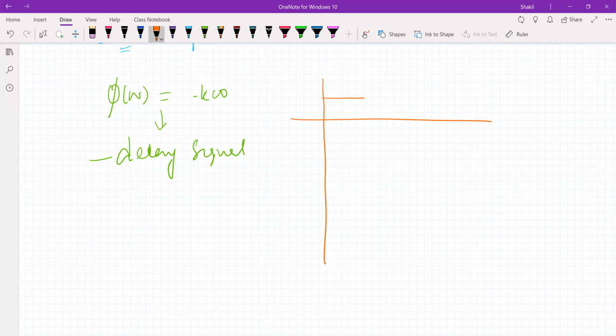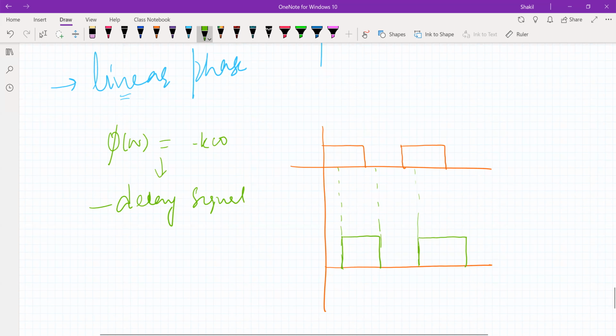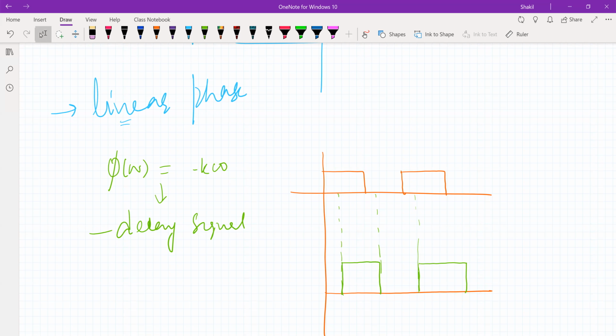If these two pulses are the input to the system, the output will be simply delayed, identical in shape. So what is this system doing to the input? It is simply delaying it without any distortion. This is very important for applications in communication, especially in speech processing or music signals.